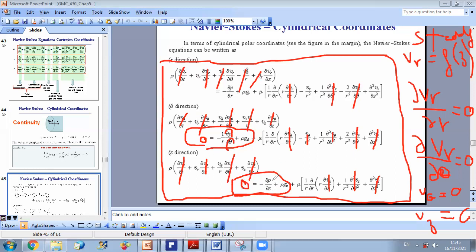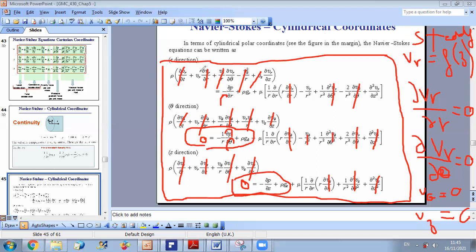You integrate with respect to z, and this one you integrate with respect to θ, and you compare both results to identify the pressure relation. Once you get information about your pressure, you can plug it here and solve for your velocity field. We'll do a lot of examples to practice on this.